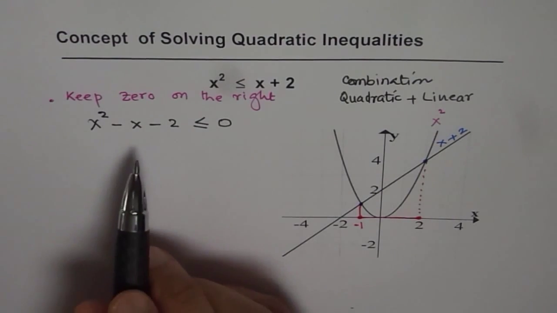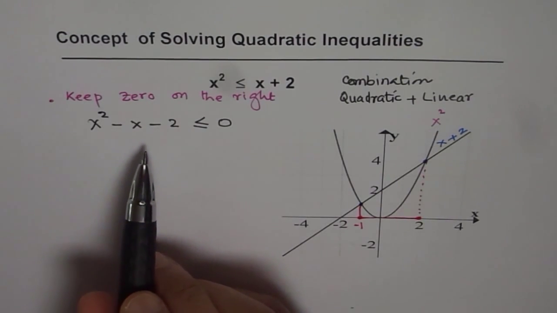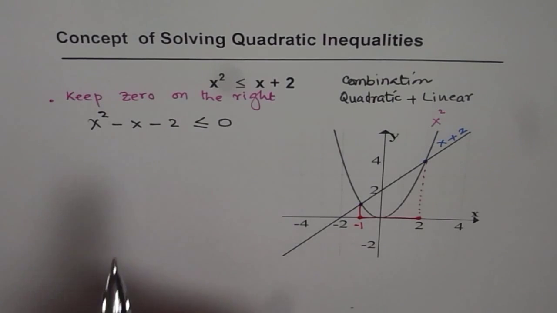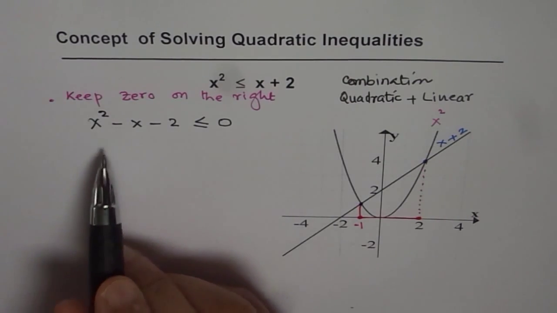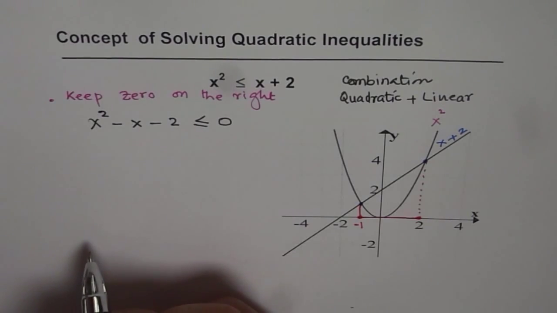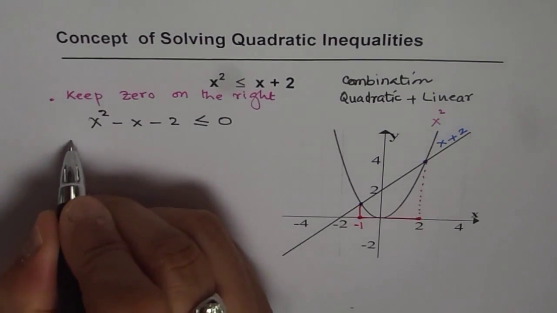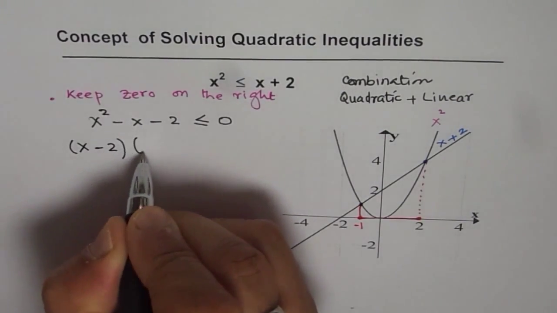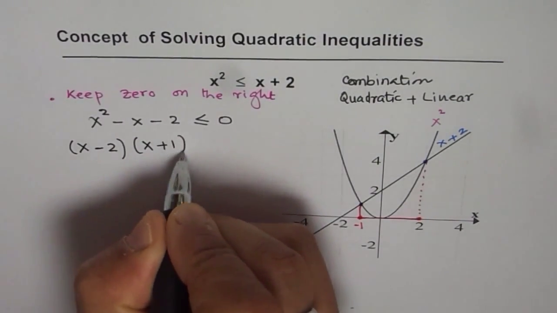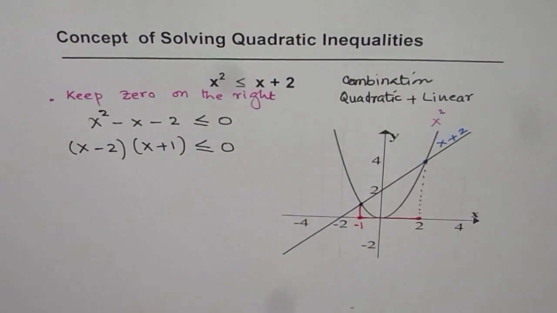So in this case, at this stage, what we can do is just factor it, right? If we factor, we are looking for two numbers whose product is -2 and whose sum is -1. So the numbers are -2 and +1. So we can factor this as x minus 2 times x plus 1 less than or equal to 0.